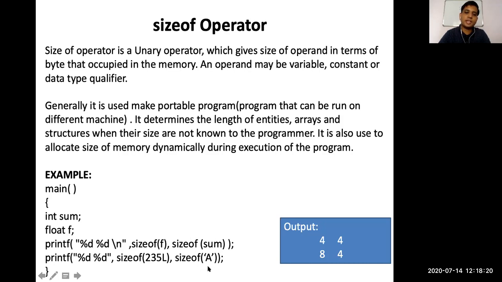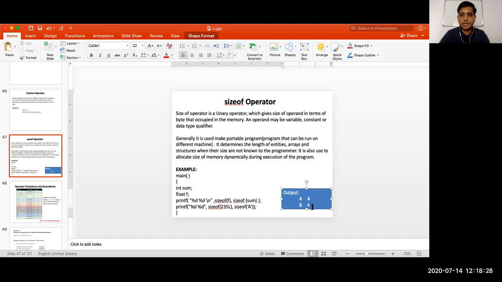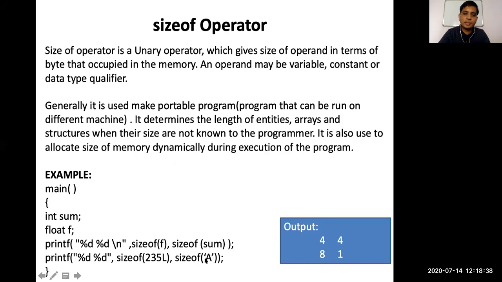The size of small a is 1, because small a is enclosed in single inverted commas, so it is a character variable. Character variable size is 1 byte here.